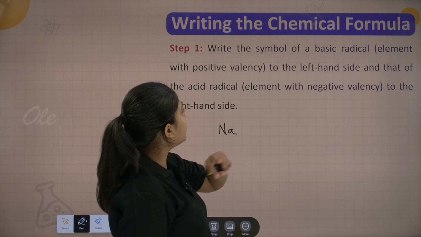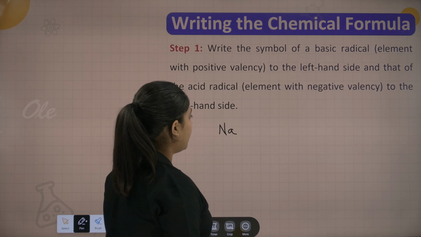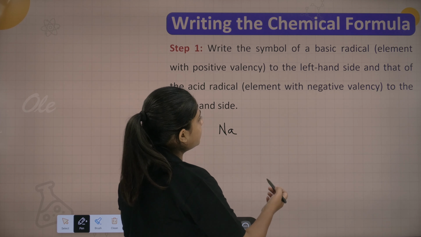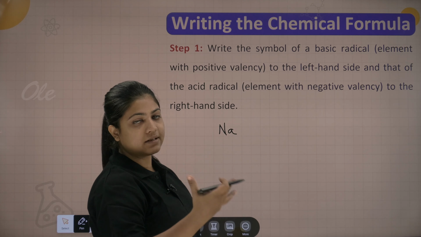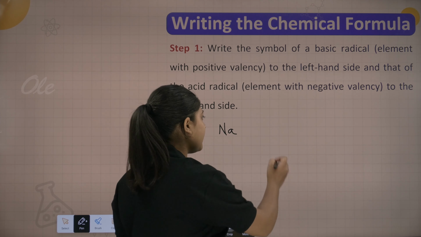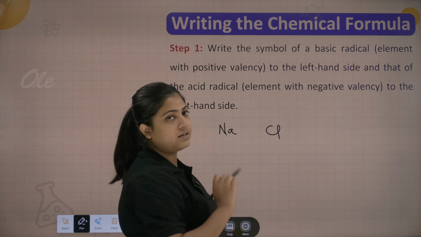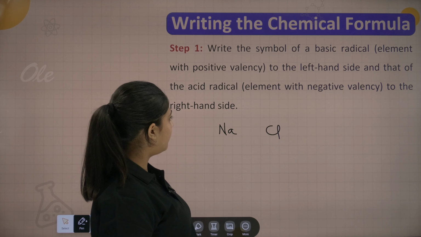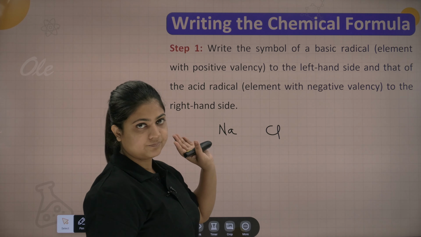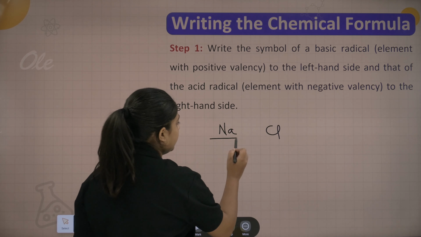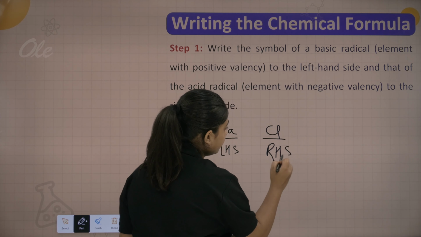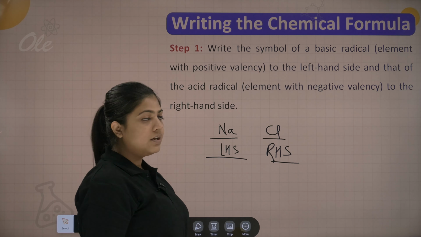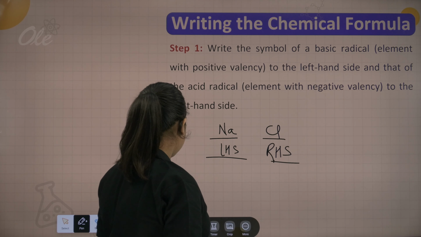The acidic radical will be written on the right hand side, and the positive radical will be written on the left hand side. So, this will be on the left hand side, this will be on the right hand side. First you will write it like this.